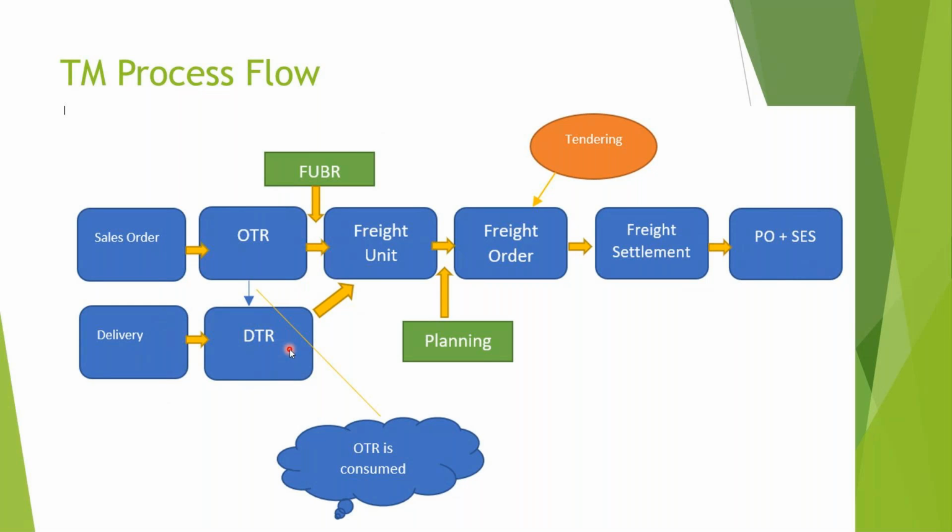So SAP has come up with a new concept called the logistics integration profile, which is responsible for creating a freight unit directly instead of the OTR and DTR. I will explain more about that during my training, because it is a very vast concept.